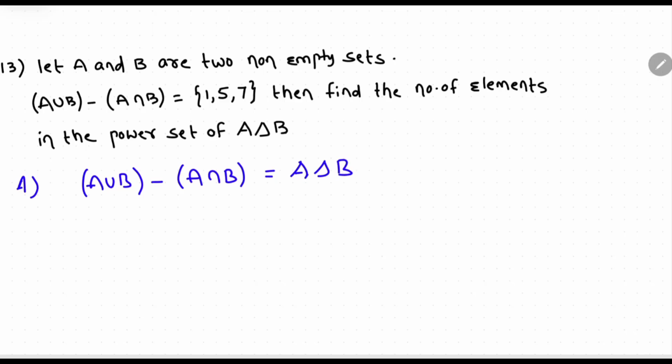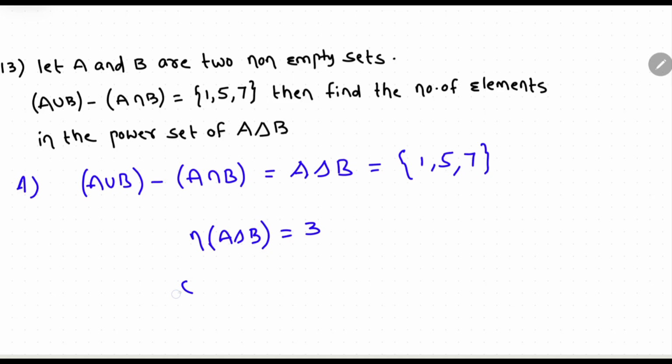That means A delta B will be 1, 5, 7. Now what is the cardinal number there? n of A delta B equals 3.